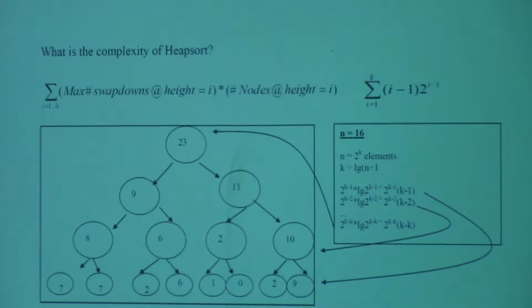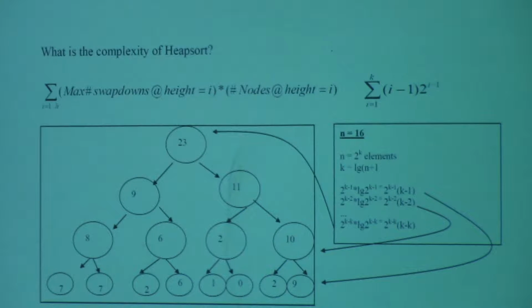Okay, and so when i is equal to h, what is h minus 1? When h is equal to 4, 2 to the 4 minus 1 is 2 to the third, which is 8, and then we have h minus 1. So what I'm saying is, when a node from this position is exchanged into the root, the maximum swapping is 3.